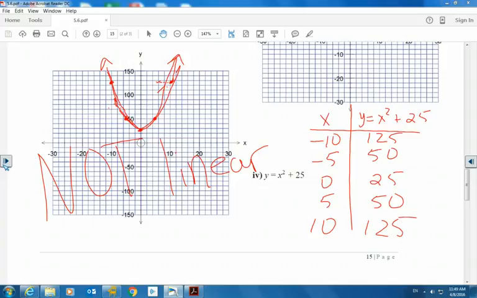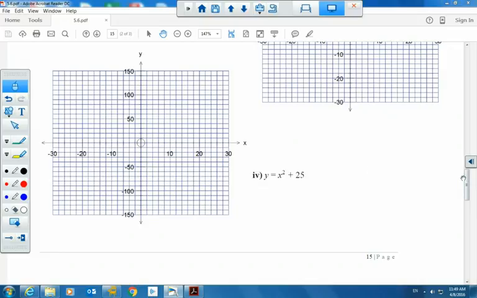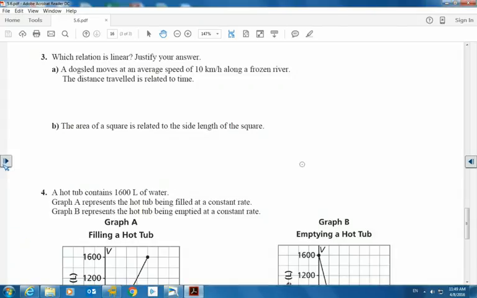So let's try the next one now. The next one talks about a couple of situations, and you have to figure out whether or not it is linear based on the situation. A dog sled moves at an average speed of 10 kilometers an hour along a frozen river. So we're looking at the relation between the distance that's traveled related to the time.